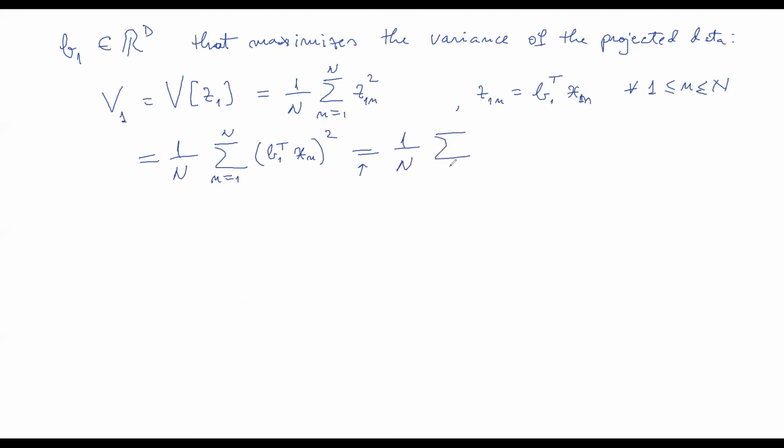So I'm going to rewrite this as a sum of, on one hand, exactly what I had before, b1 transposed times xn, times xn transposed times b1. The argument here is that the inner product satisfies this property.